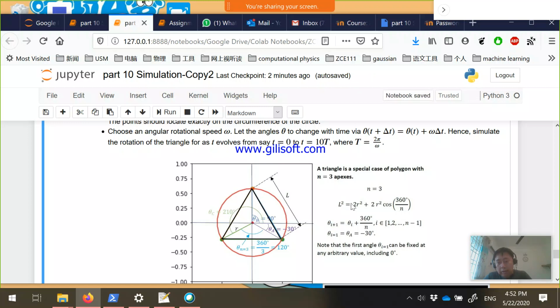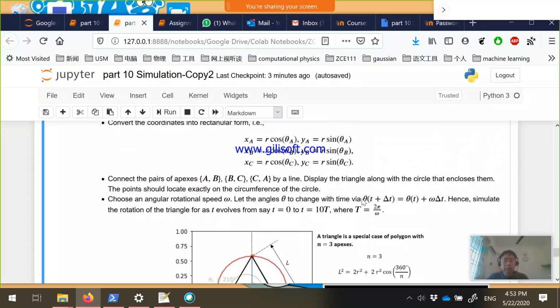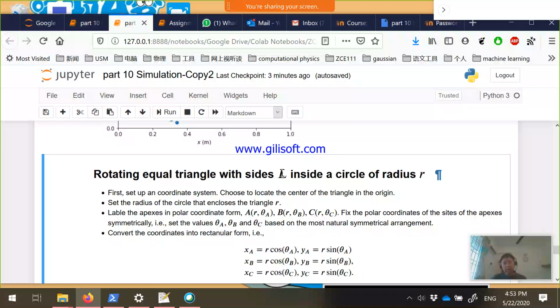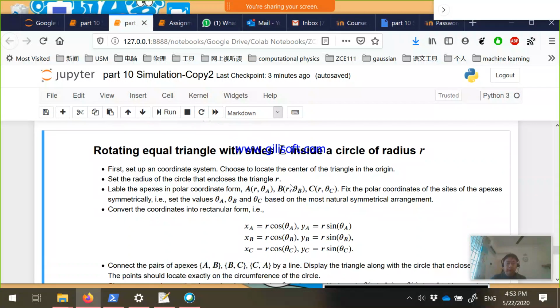The Cosine Theorem relates L squared and r. This is the length r, and this is the length r. So L squared is r squared plus r squared minus 2 r squared times cosine of this angle, which is 120 degrees. This is the cosine theorem that you write down. Then you will be able to relate L and r. So in these questions, once you are given L, you can calculate r, or if you are given r, you can calculate L.